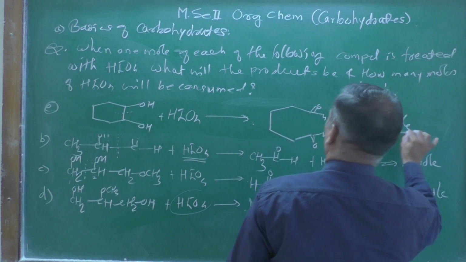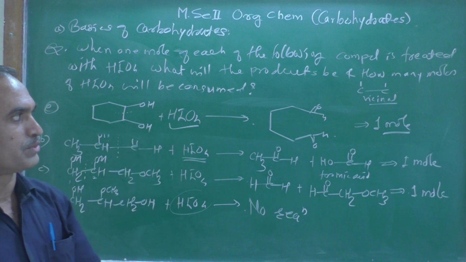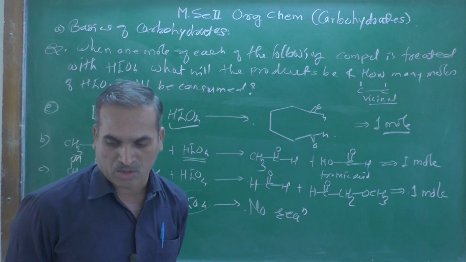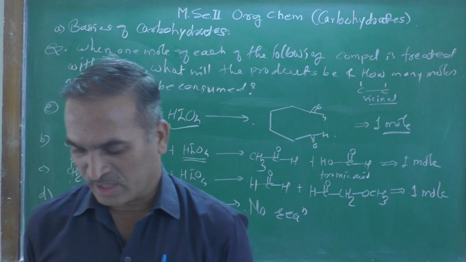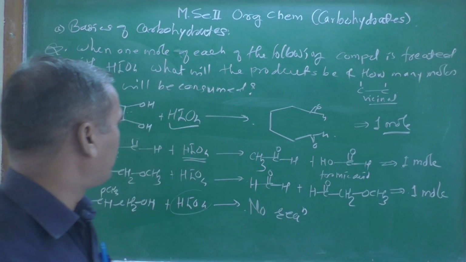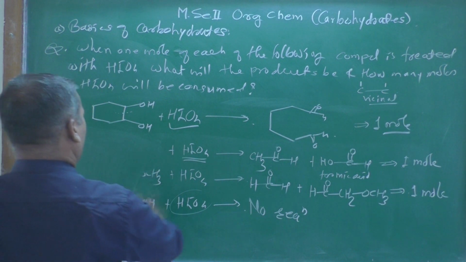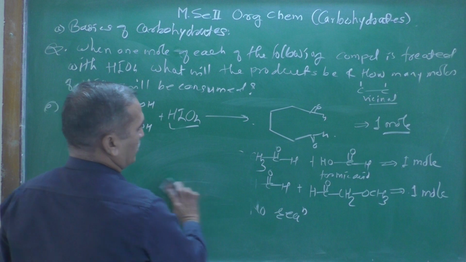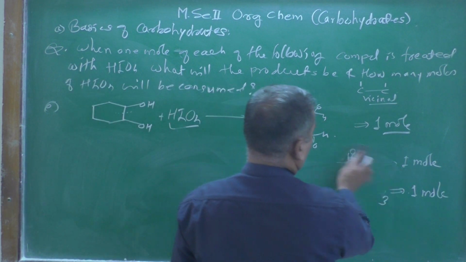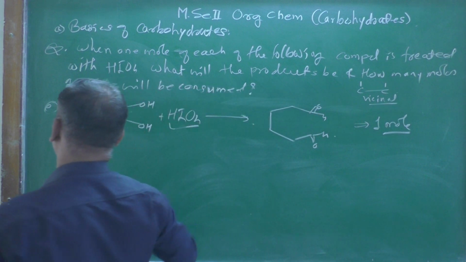Here 1 mole of HIO4 gets consumed, and we get ring opening. So this is the example we are discussing, and I hope you are getting this concept easily.